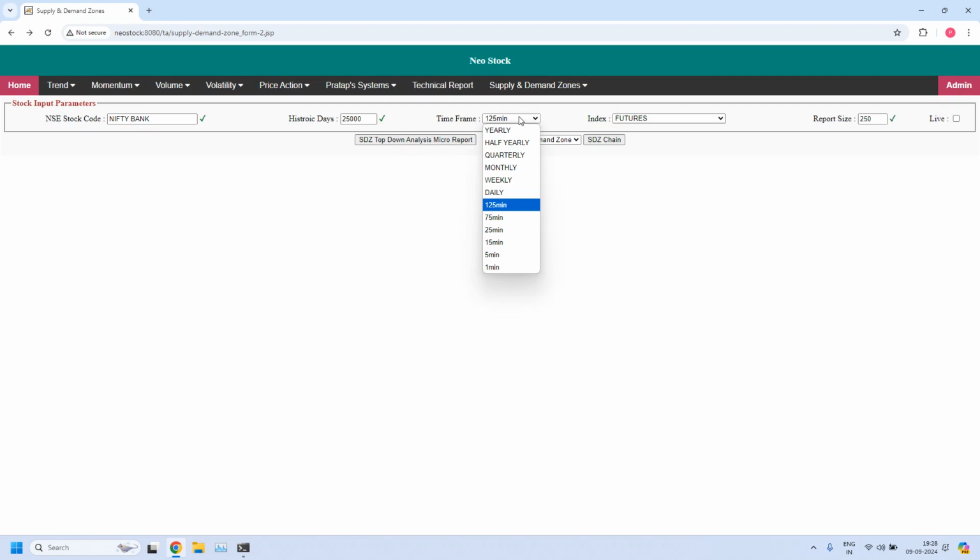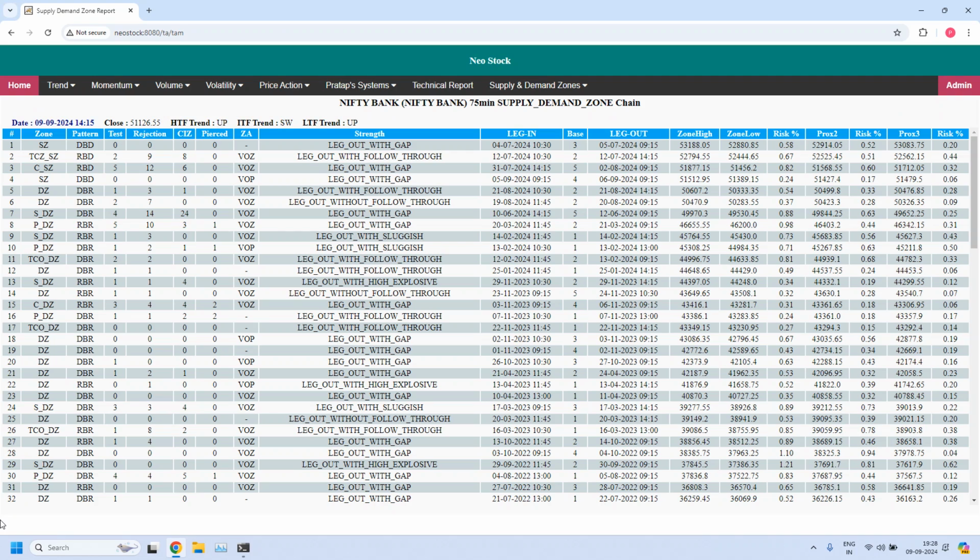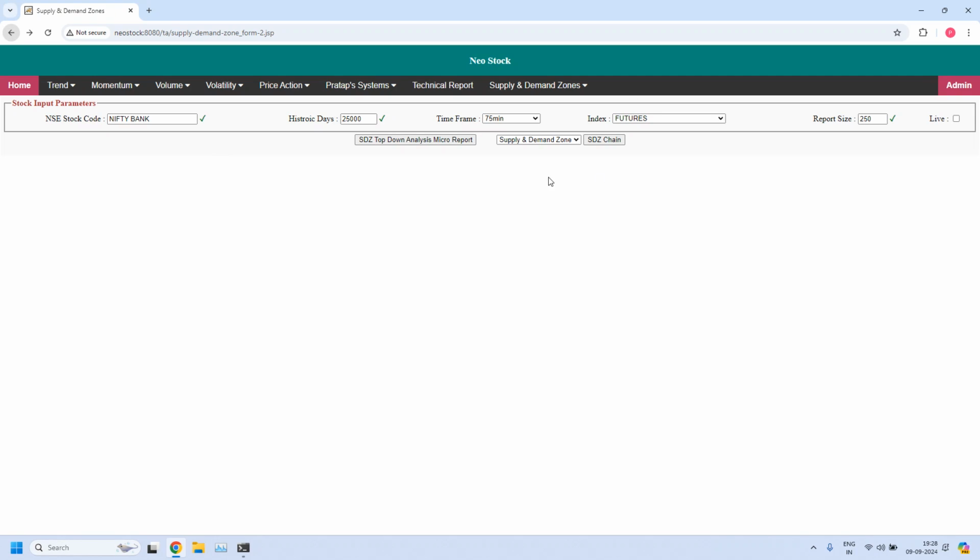Next time frame is 75 minutes, generating the 75 minute supply demand zone chain for Bank Nifty. Next time frame is 25 minutes, generating the 25 minute supply demand zone chain for Bank Nifty.